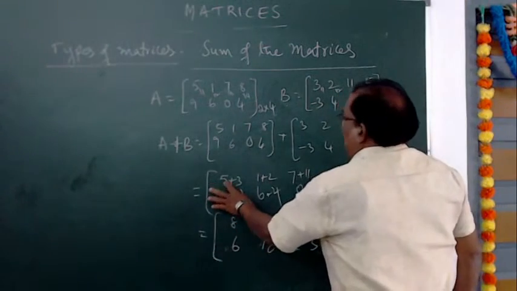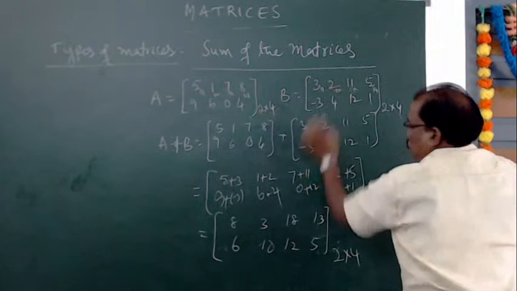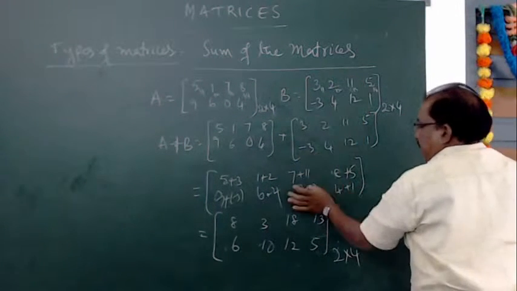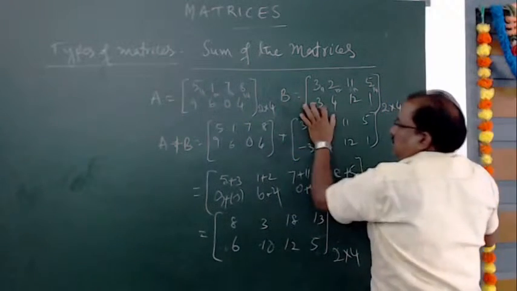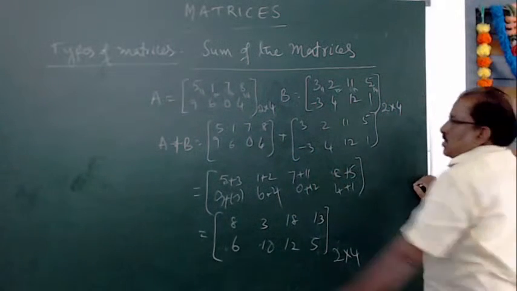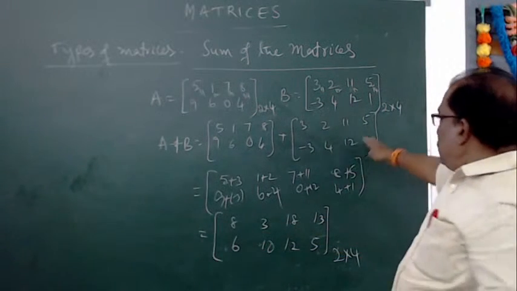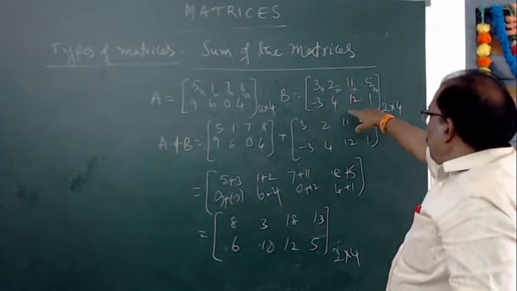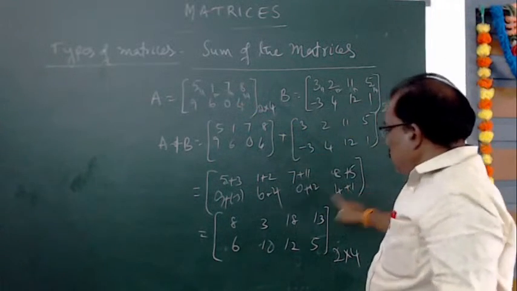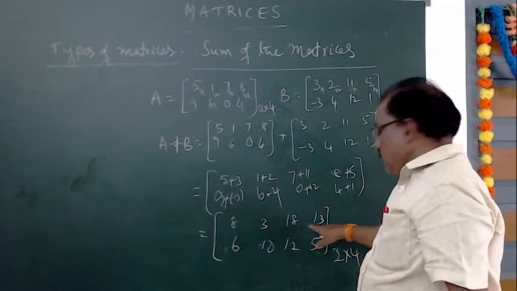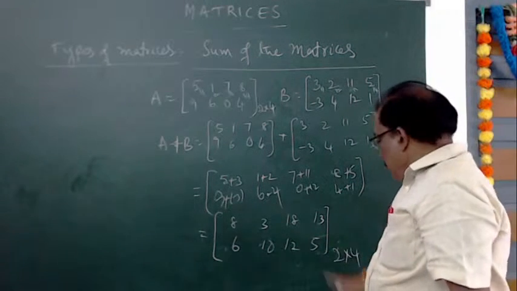So we add 5 plus 3, 1 plus 2, 7 plus 11, 8 plus 5, like that 9 plus minus 3, 6 plus 4, 0 plus 12 and 4 plus 1, we get 8, 3, 18, 13, 6, 10, 12, 5.